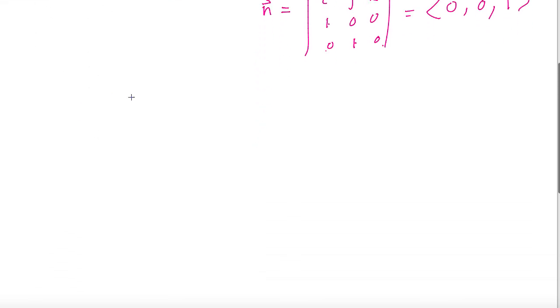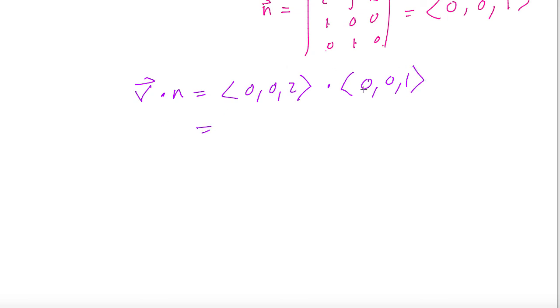Now, to find v dot n, our v, if you recall, was 0, 0, 2, and we dot it with 0, 0, 1. So 0, 0, and we get a 2.